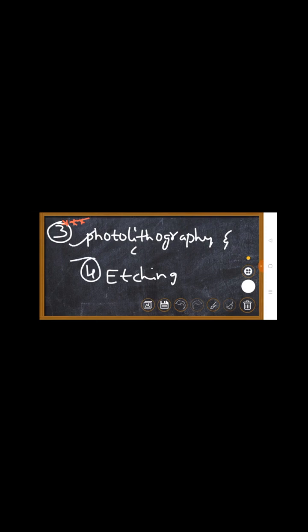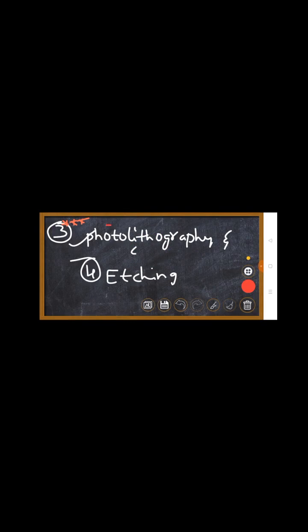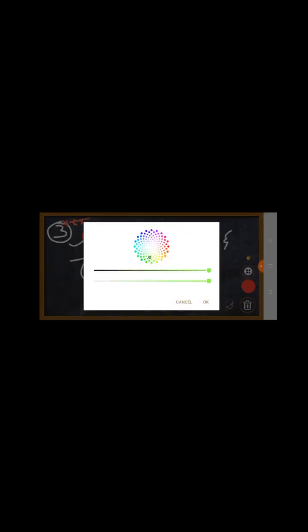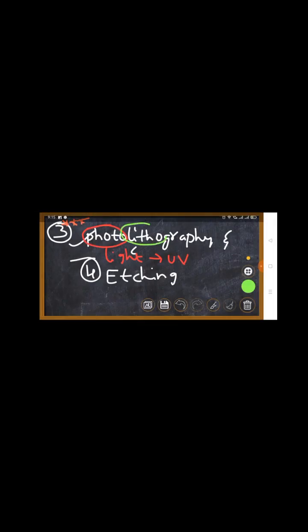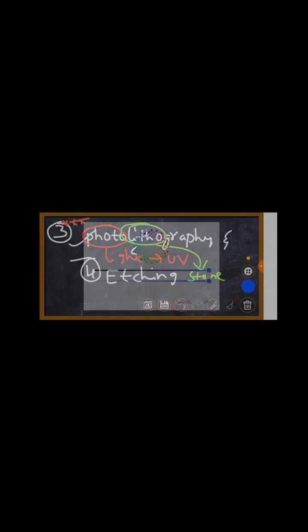Now observe first of all, what is meant by photo. You know very well here, photo in no sense light. Here you are going to use UV light, and litho means stone, and graphy means a picture.